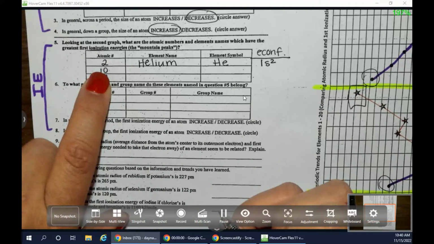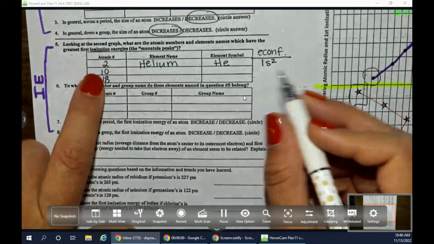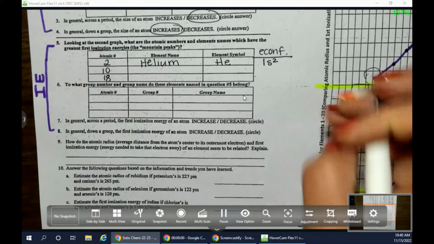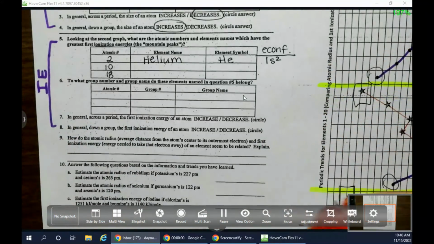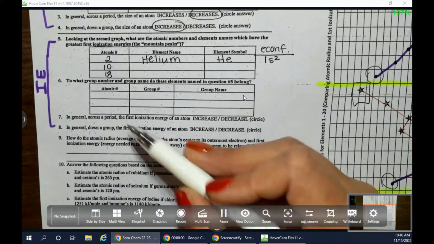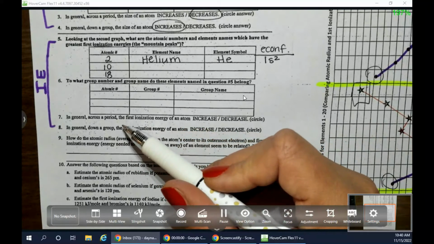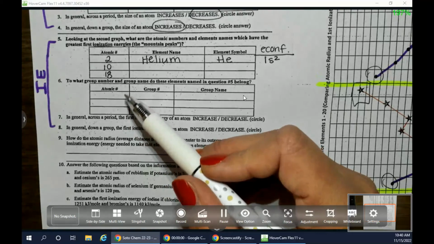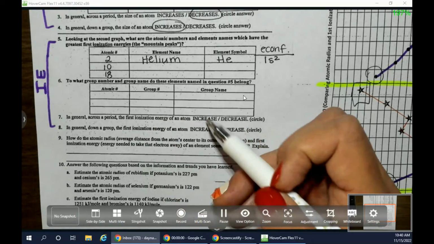And then you're going to do the same thing for the rest of these down here. I just need the ending of the electron configuration, just to be clear. Then you're going to do the same thing with the group number and all that good stuff, just like we did above.